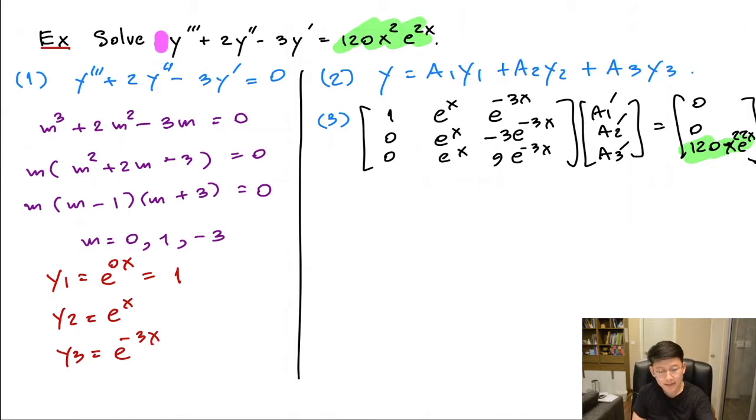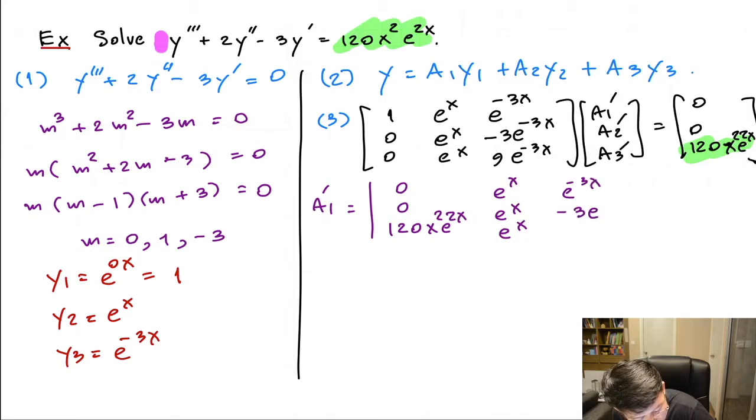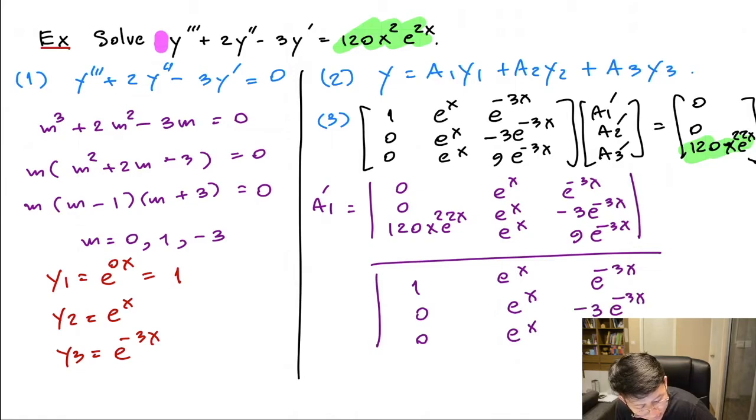After that we need to compute a1 prime, right? a1 prime would be the determinant with 0, 0, 120 x squared e to the 2x in the first column, then e to the x, e to the x, e to the minus 3x, minus 3 e to the minus 3x, 9 e to the minus 3x, divided by the determinant with 1, e to the x, e to the minus 3x, 0, e to the x, minus 3 e to the minus 3x, 0, e to the x, 9 e to the minus 3x.